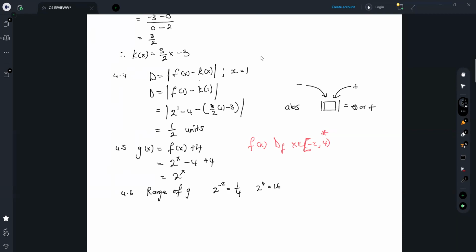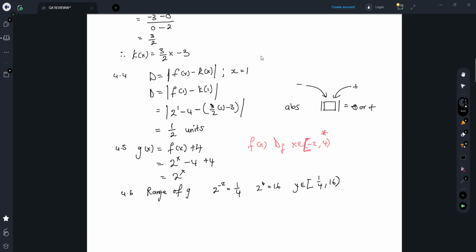Okay. So now, since this is the smallest y value, and that's the highest y value, we would write the range as y is an element of, and I'm going to include the 1/4, because at -2, the function is defined, right? The function exists. And now when it comes to the upper bound here, we're going to have 16. And I'm not going to include 16 because 4 was not included.